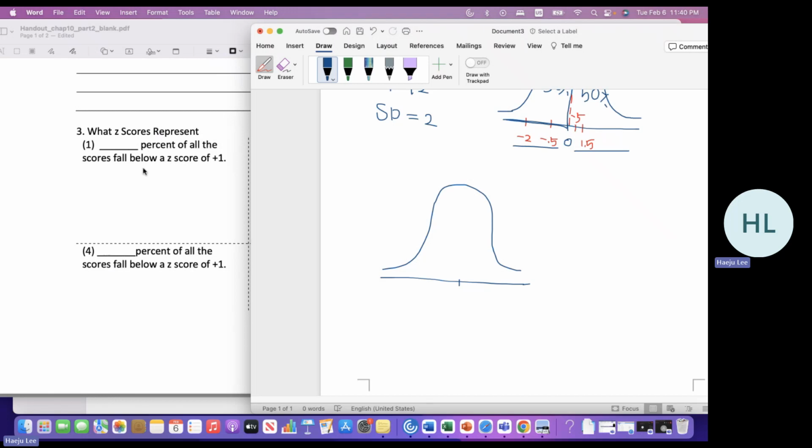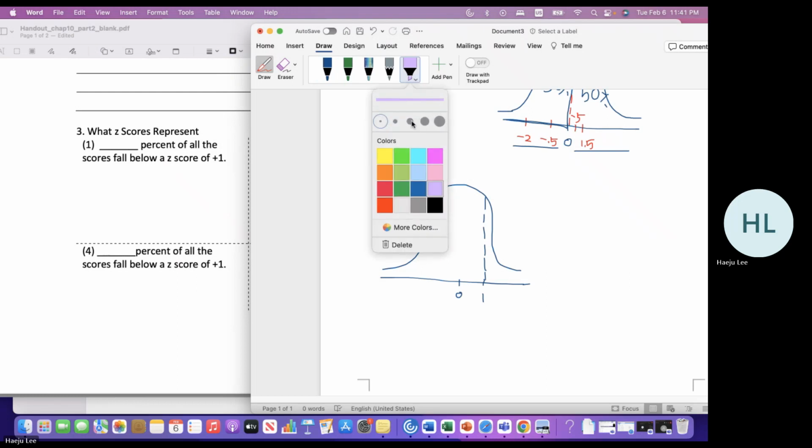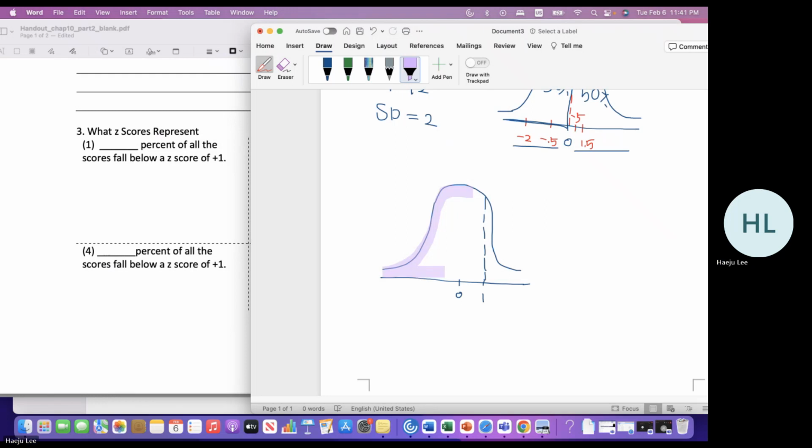So we want to know below a G score of plus 1, right? This is the 0, which is the mean, and this is 1 standard deviation from the mean. So we want this area, right?